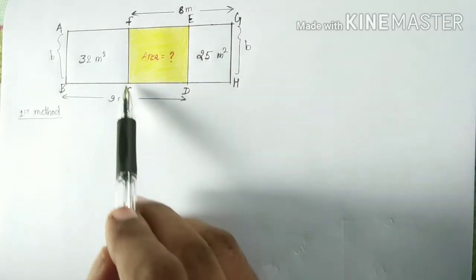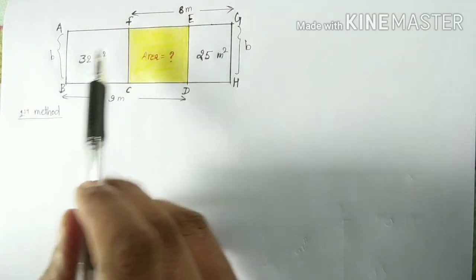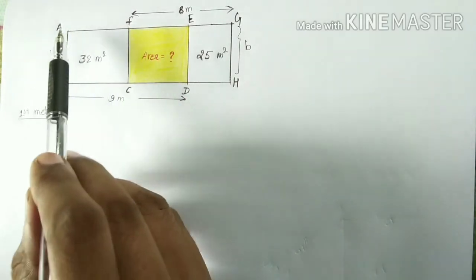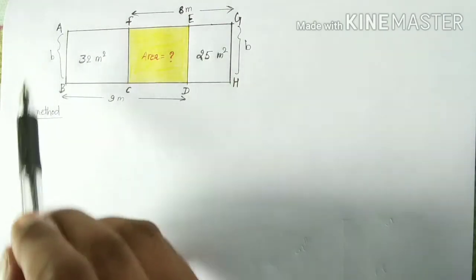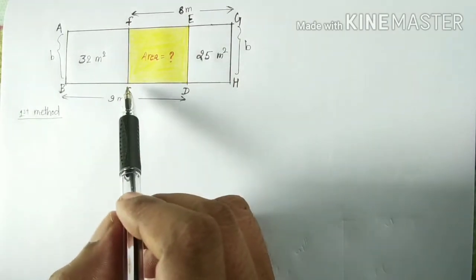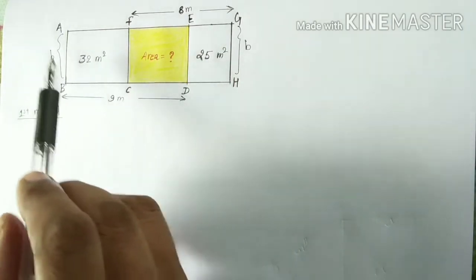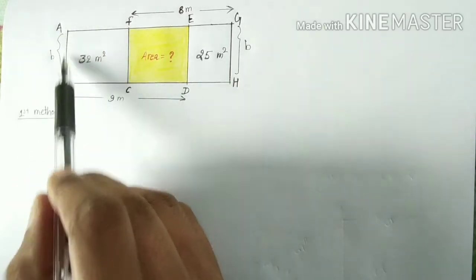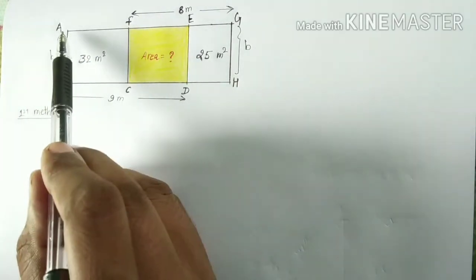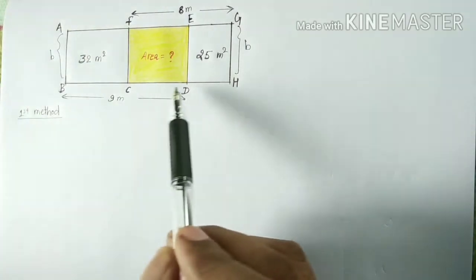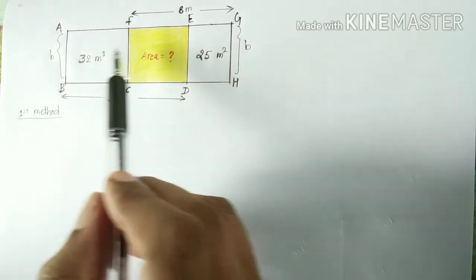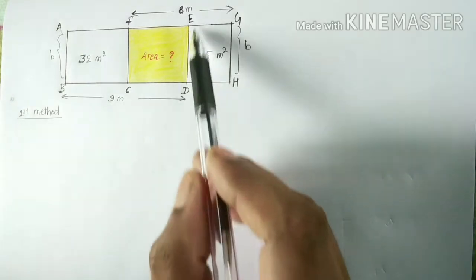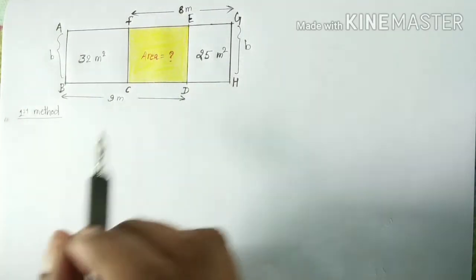So to find the area of yellow region, we can subtract the area of rectangle ABCF from the area of rectangle ABDE. We can subtract the area of this rectangle from this whole rectangle to get the area of yellow region.